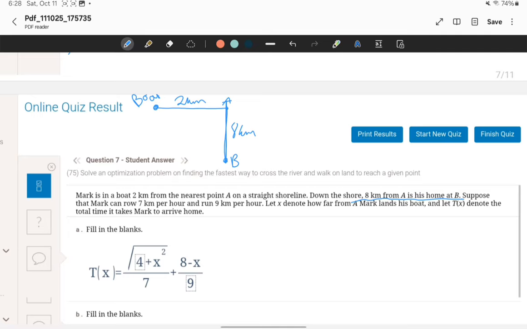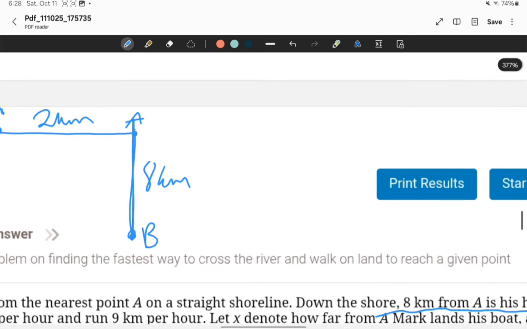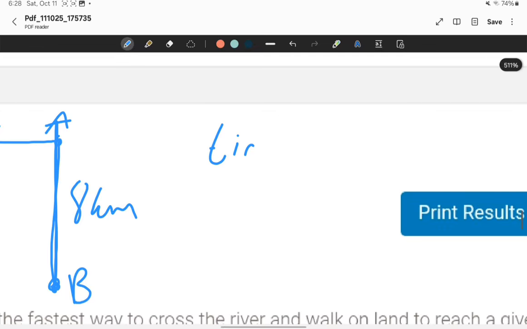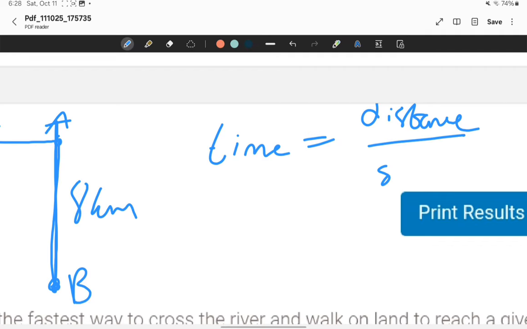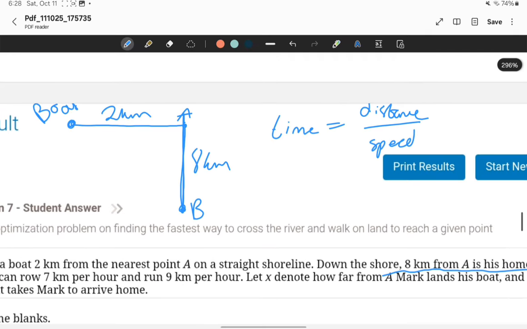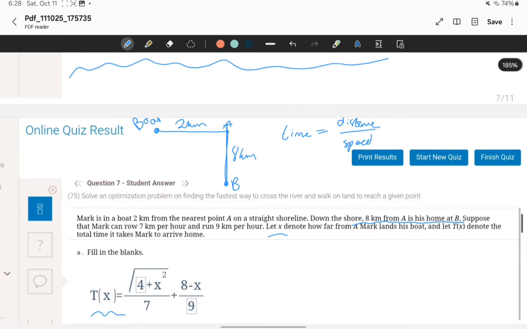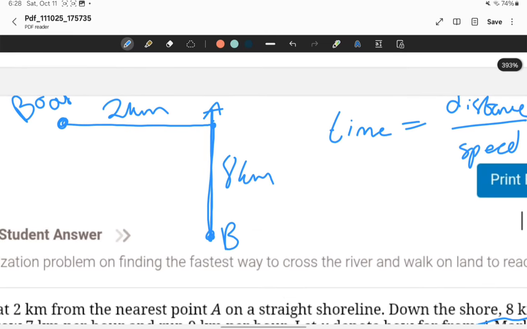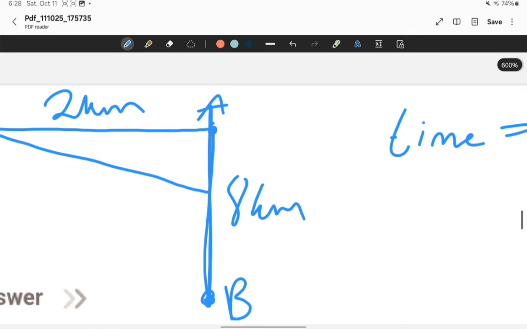Suppose that he can do this speed and that speed. They want to find in part A the total time. Okay, the time, right, the formula for time is equal to the distance over our speed. Okay, and they're saying that here he landed from A, so he landed at X from A. So you could just draw any line, doesn't matter, and this distance here is X, right?